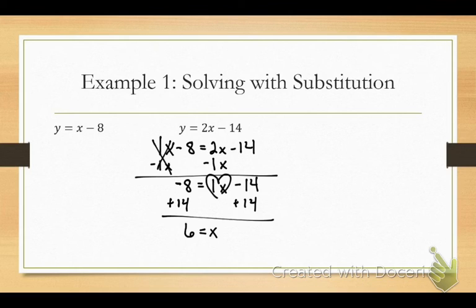All right, now take your 6 and plug it back in. Y equals 6 minus 8. Y equals negative 2. All right, did you put 6, negative 2? Did you guys get 6, negative 2? If you messed up, do you see where you messed up?